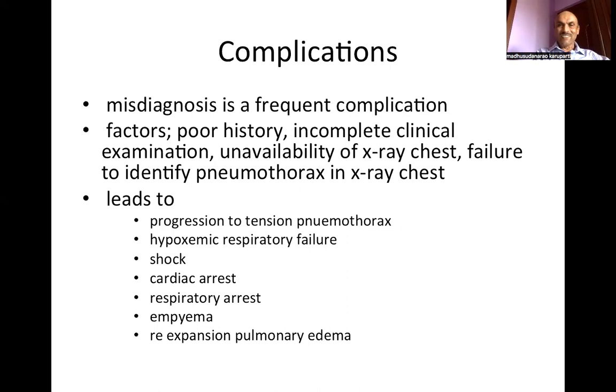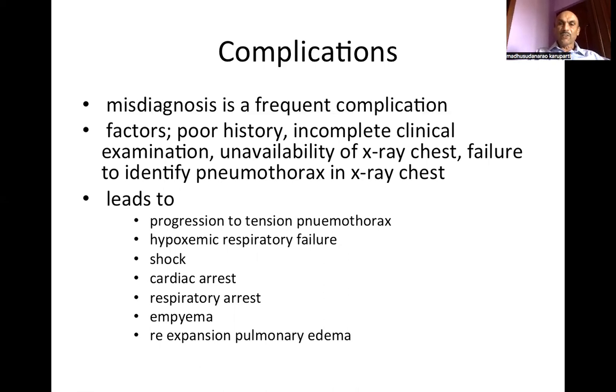What are the factors? There should be some factors responsible for misdiagnosis of pneumothorax. What are they? Poor history: you are not taking a perfect history from the patient. Incomplete clinical examination: you missed the subtle findings, diminished air entry, hyperresonant note, etc. You do not have an available chest X-ray right at your center.